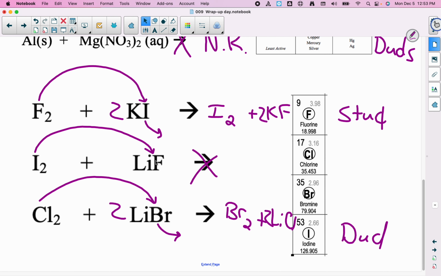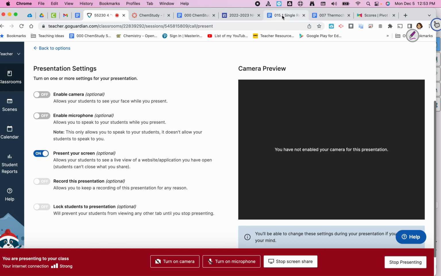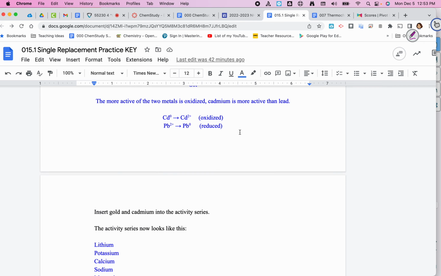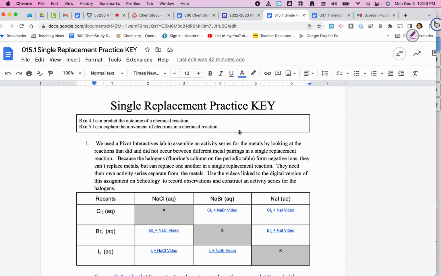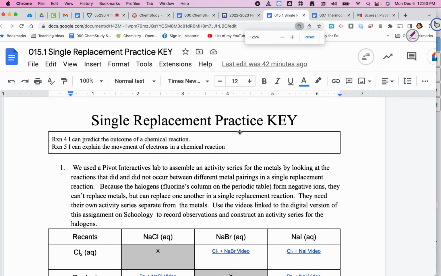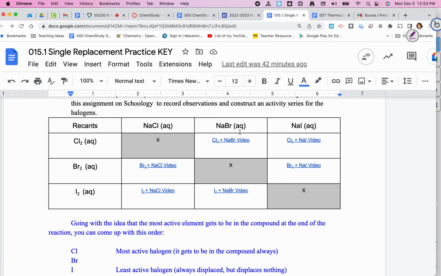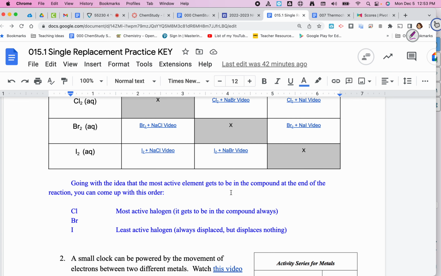So let's look now at your homework, which I have linked at this point to our agenda. I've got the key linked there, but we're going to kind of walk through this together. All right, so this first one really just had you looking at reactions that take place and reactions that don't. You had some little videos, and you had to come up with an activity series for the halogens.